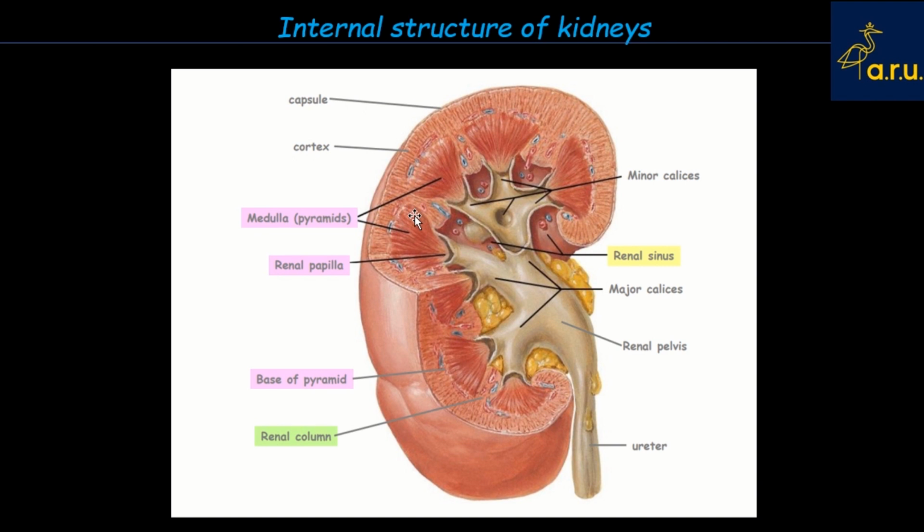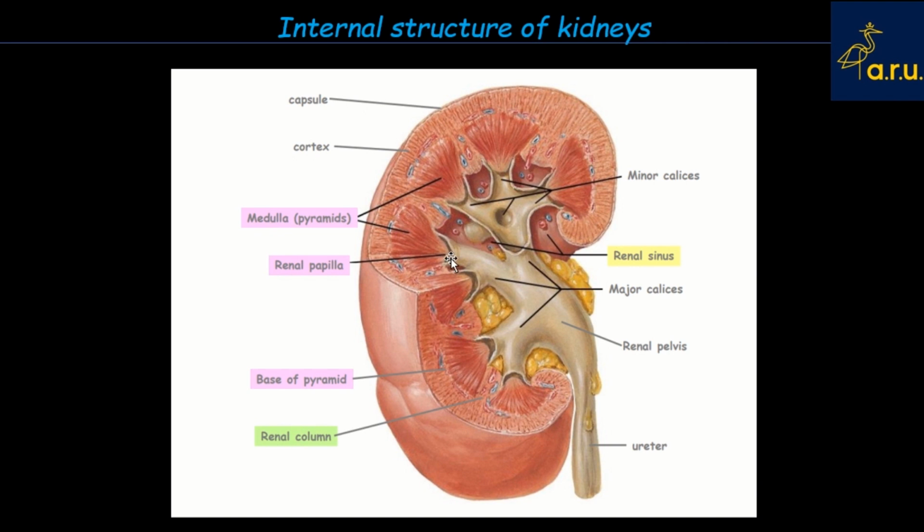Loads of collecting tubules are aggregated here in the renal medulla, and these collecting tubules open up into the renal papilla, and through the renal papilla into the minor calyx. As a result, the urine which is formed inside the nephrons ultimately drains through the collecting tubules and the renal papilla into the minor calyx.